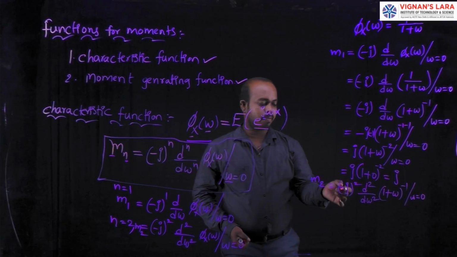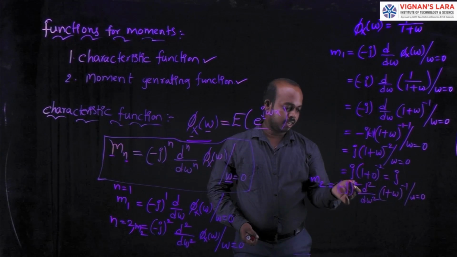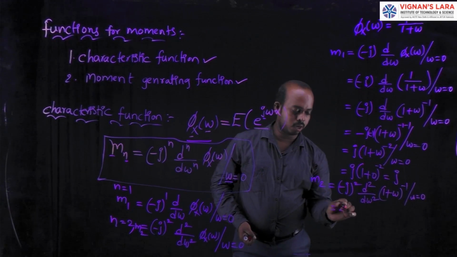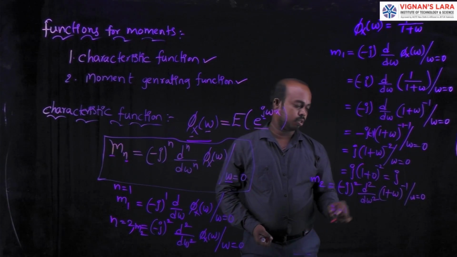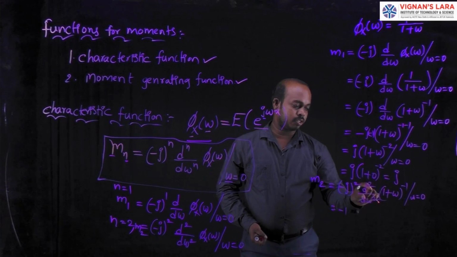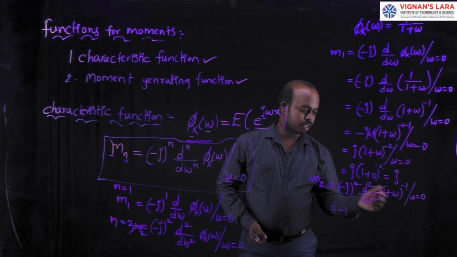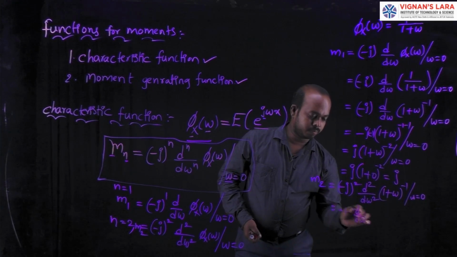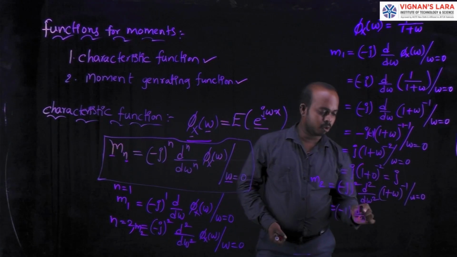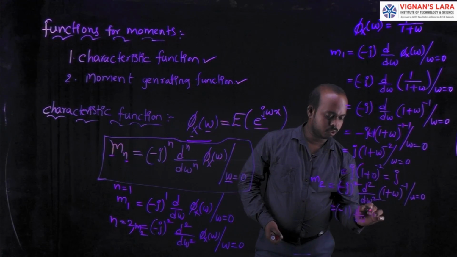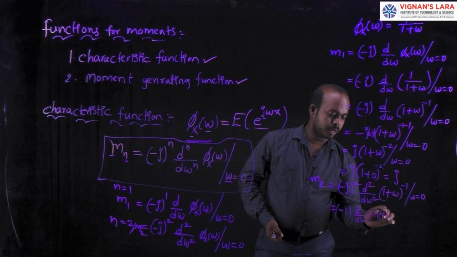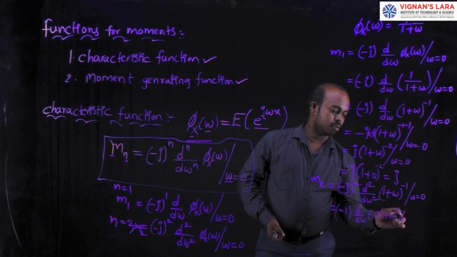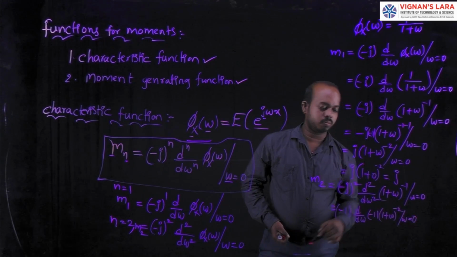Minus squared means plus sign, and j square is replaced with minus 1. Now applying one differentiation on this function, and writing the remaining differentiation, d by d omega of minus 1 times 1 plus omega whole power minus 2, at omega equal to 0.